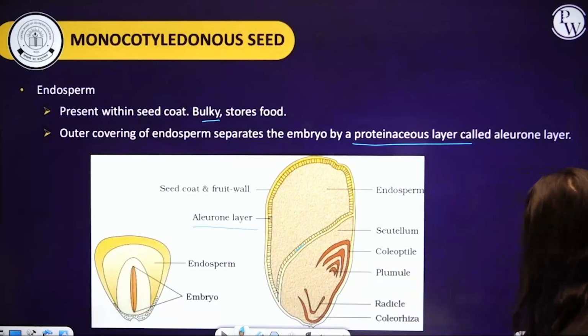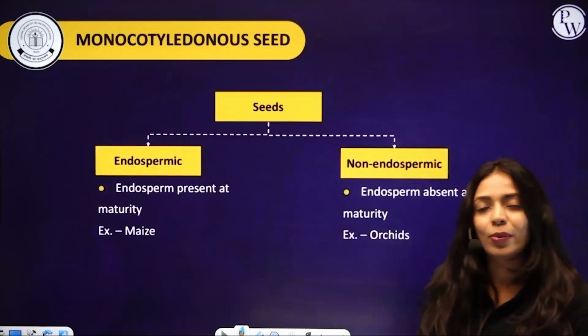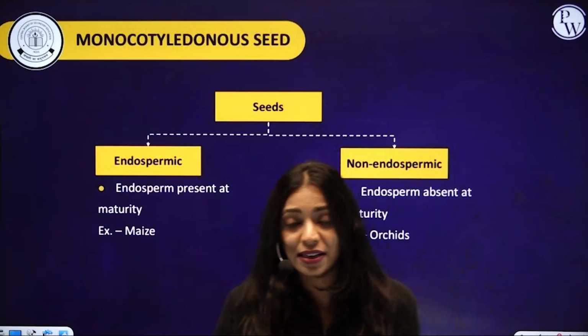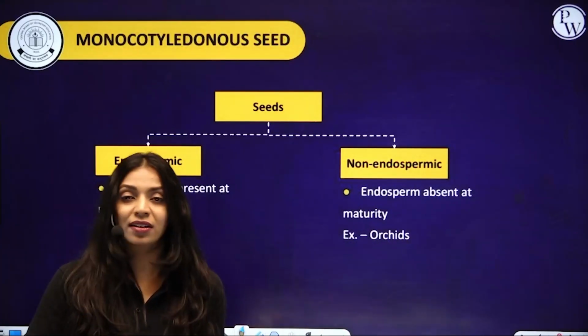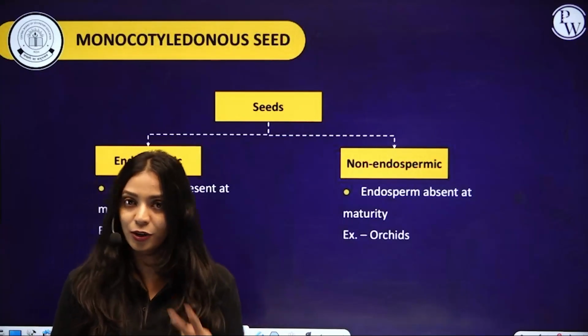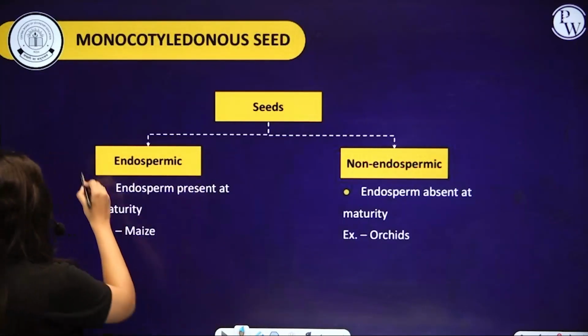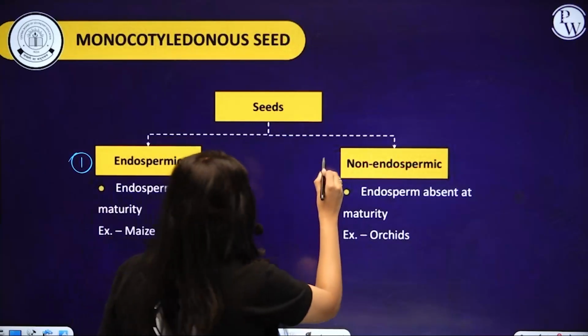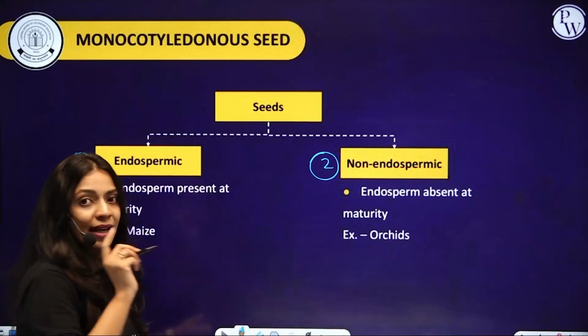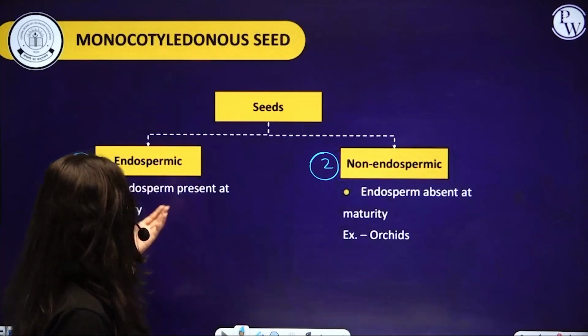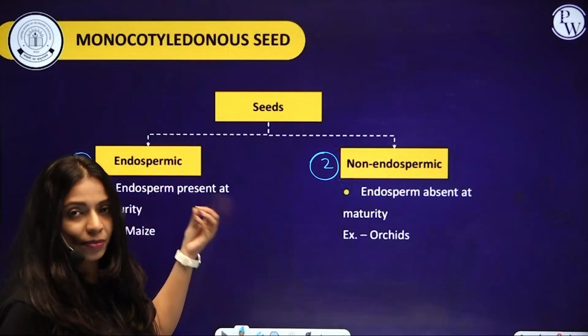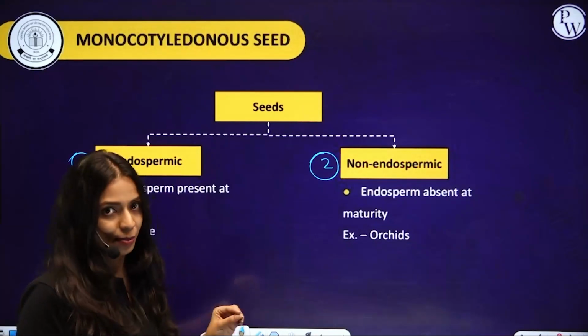That's about the endosperm. Similar to how we learnt in dicot seeds, even in monocot seeds, depending upon whether endosperm is present in the mature seed or not, we can classify it into two types. One is endospermic seed. The other one is non-endospermic seed. In dicot seeds, we saw that in majority of them, endosperm is absent at maturity.